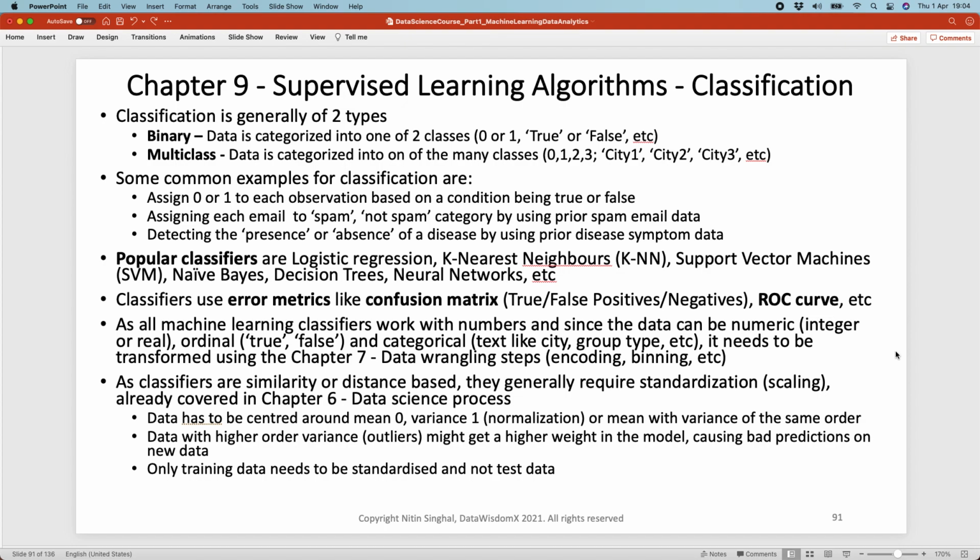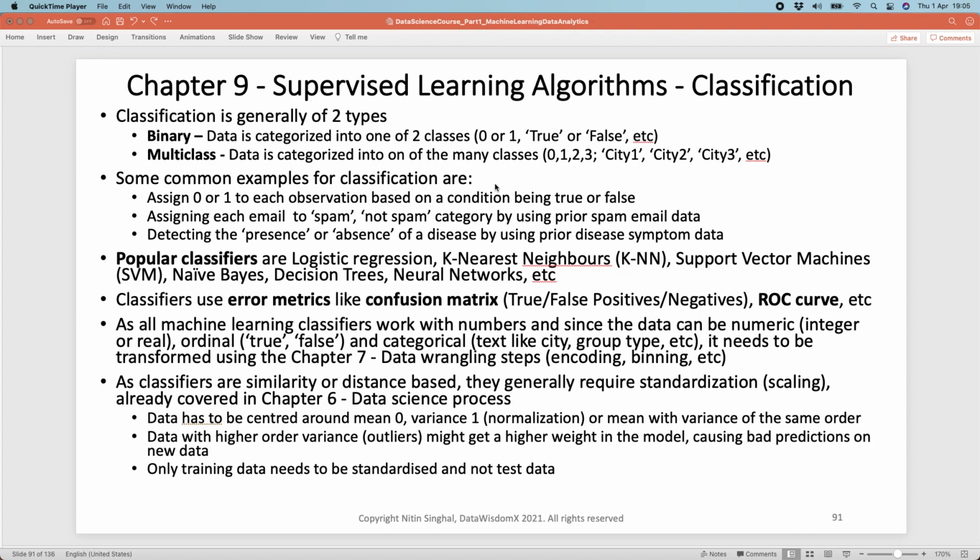And 0 again is used because, if you remember, in Python, all your indices are 0 based. And the same concept is used by your different machine learning algorithms. So multi-class categories could be for names of cities, it could be used for names of colors, it could be used for different types of diseases.